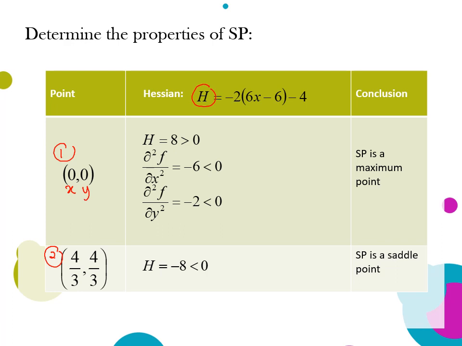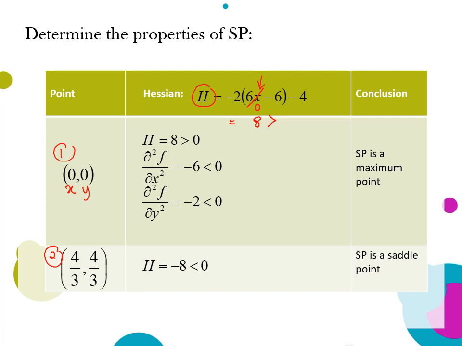Since we have no y in here, we just need the x information here. When we replace x with 0 here, this will vanish. What we get is Hessian equal to 8. Okay, so H equal to 8. Is 8 greater than 0 or less than 0?